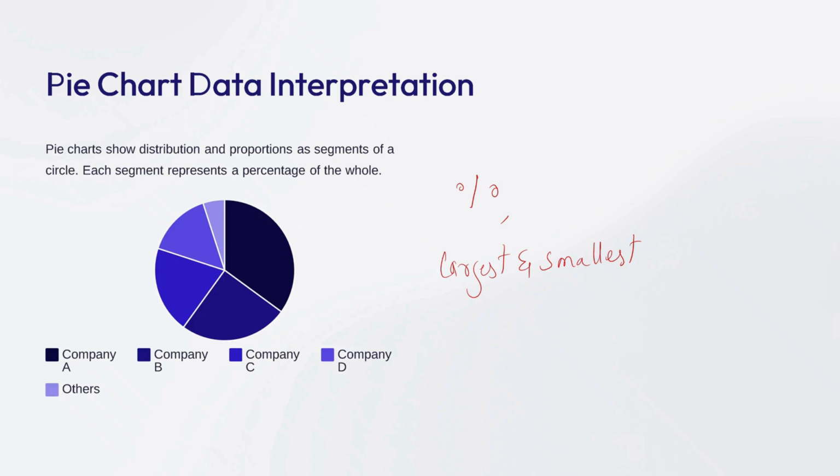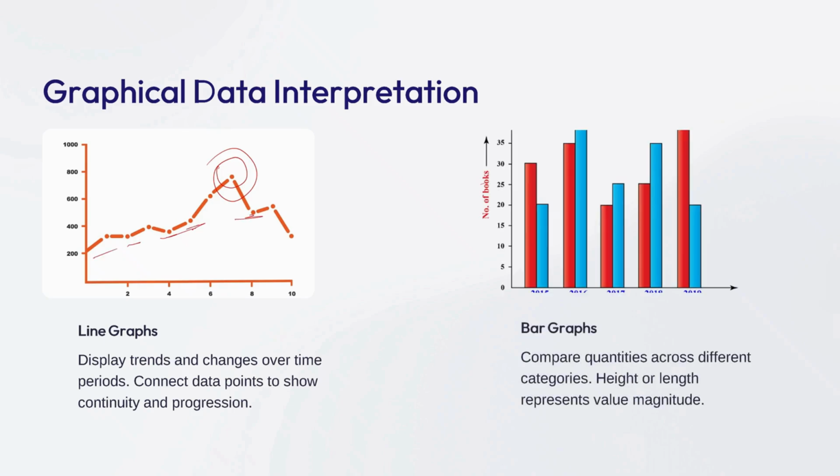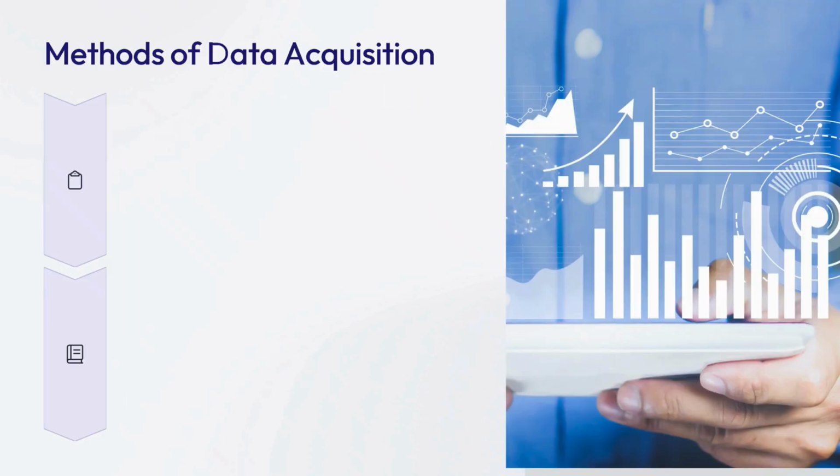And next, line graphs. In this, we have to identify peaks, troughs and patterns, and calculate the rate of change between the points. And next one, the bar graph. Here we have to compare the values across the categories and finally find the highest and lowest values very quickly.